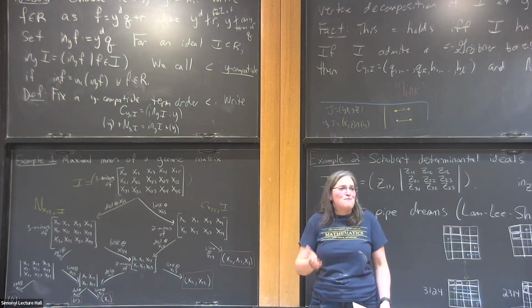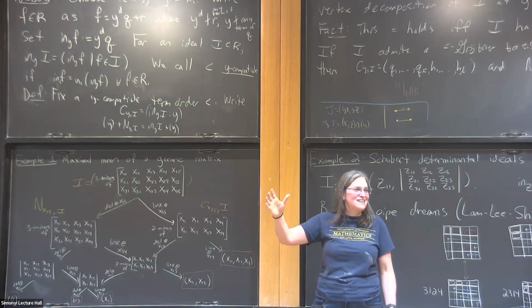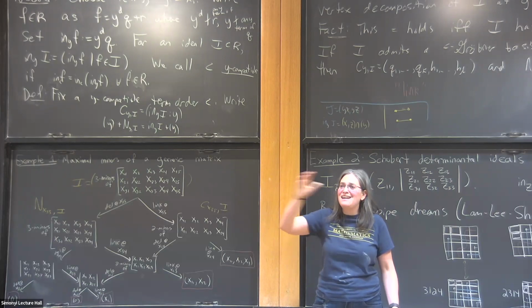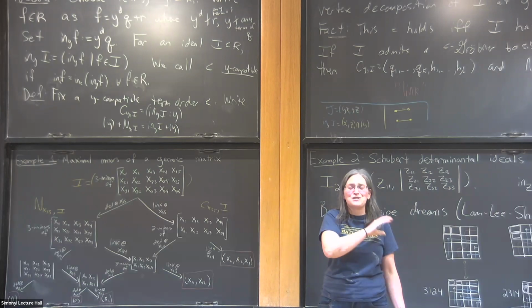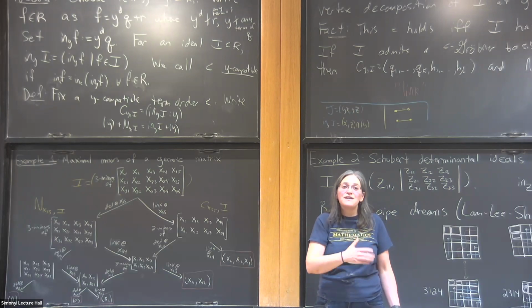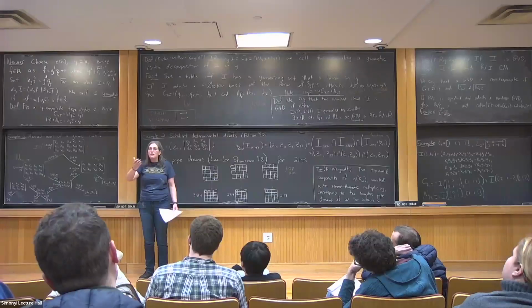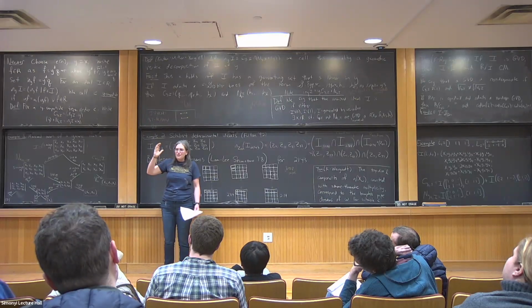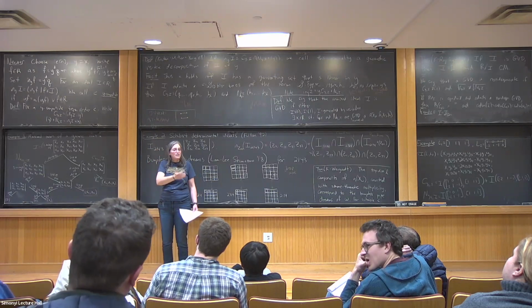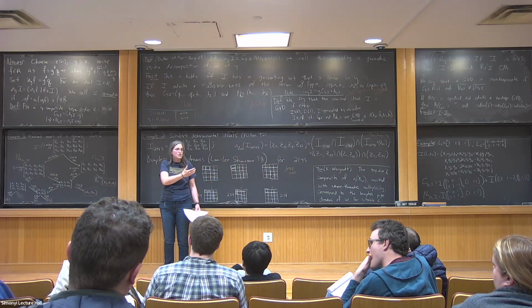There's a really lovely theorem of Conca and Varbaro that tells you that if you have a homogeneous ideal and it's Cohen-Macaulay, then its initial ideal is Cohen-Macaulay. This is a really hard theorem. It uses a lot about square-free initial ideals. A thing that I don't know is, suppose I have a Cohen-Macaulay ideal and I look at in_y I. Suppose in_y I is radical, so I'm not going all the way to an initial ideal.